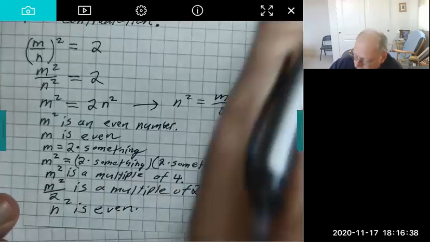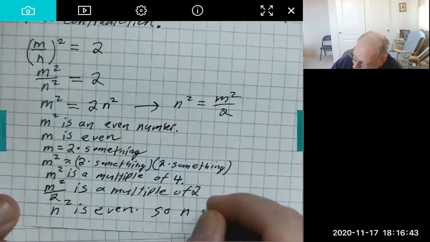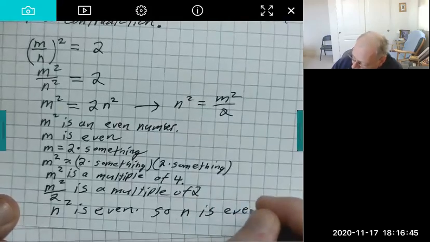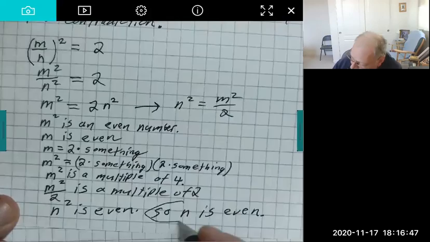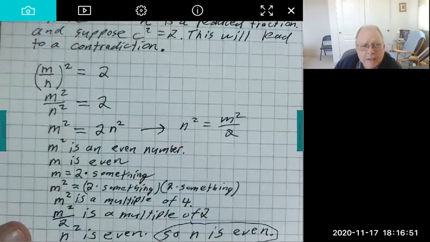Almost just 2 more lines. If n squared is even, so n is even. Look at that. If you got a fraction, you square it, you get 2.